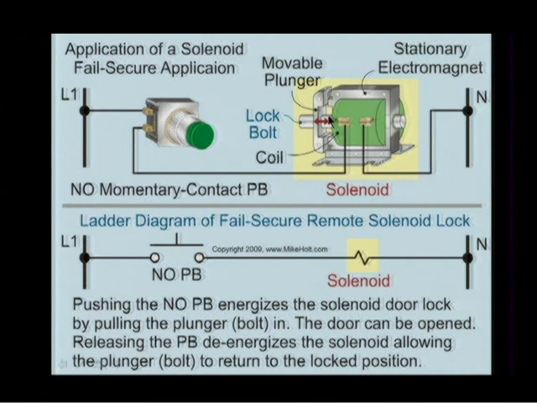Now that's called a fail secure remote solenoid. What that means is that pushing the normally open push button energizes the solenoid door lock. By pulling the plunger in, the door can be opened. Releasing the push button de-energizes the solenoid, allowing the plunger bolt to return to the lock position.